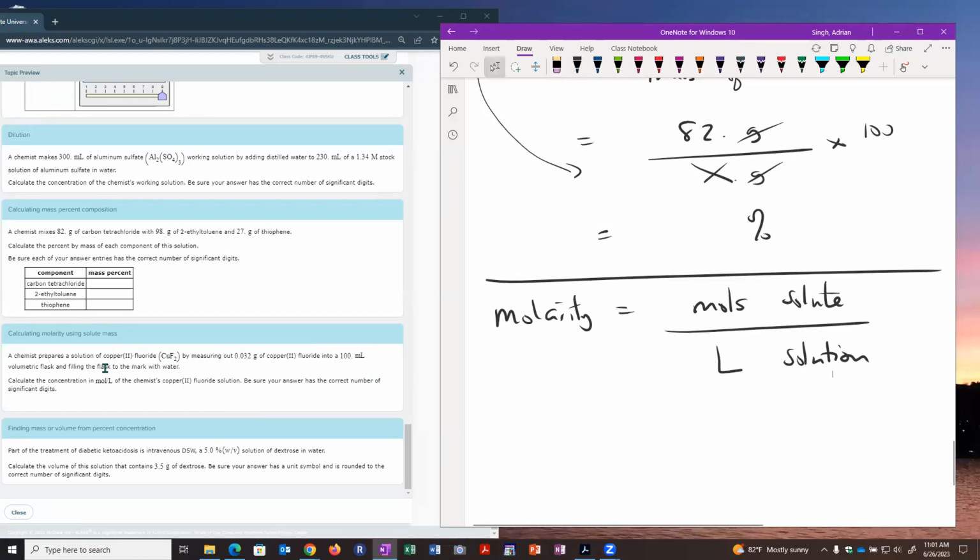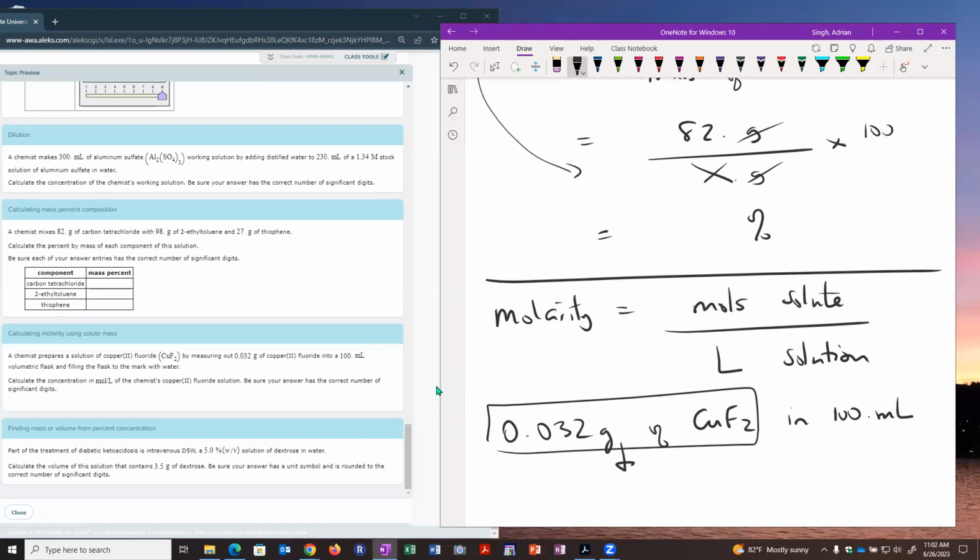It says a person prepares a solution of copper II fluoride by measuring out 0.032 grams of the copper II fluoride into a 100 mL volumetric flask and filling the flask to the mark with water. So the volume then ends up being 100 mL of solution. We have grams of the copper fluoride, that is our solute, and then we have 100 mL, that's our solution.